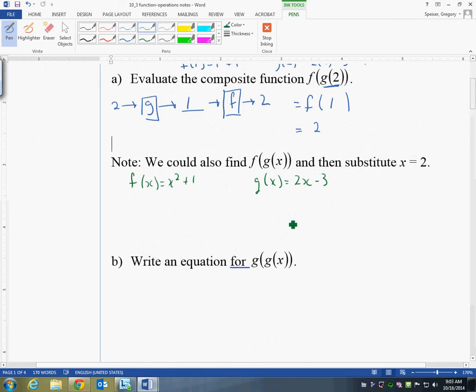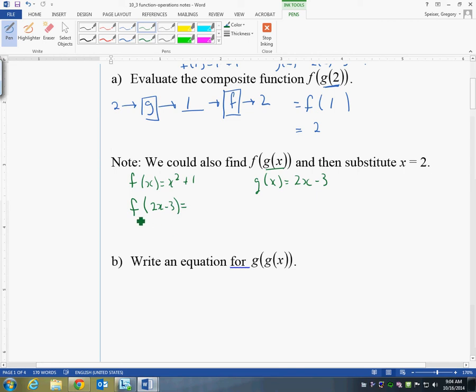If we start from the inside, this is g of x. We're going to plug this into our f. In other words, we're going to replace g of x with 2x minus 3. So in f of x, instead of x inside of here, we're going to put g of x, and g of x is equal to 2x minus 3. Does that make sense?